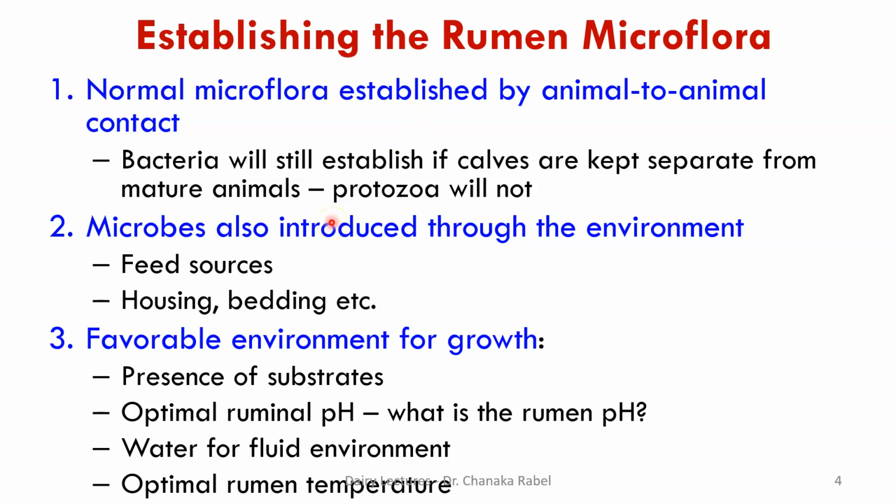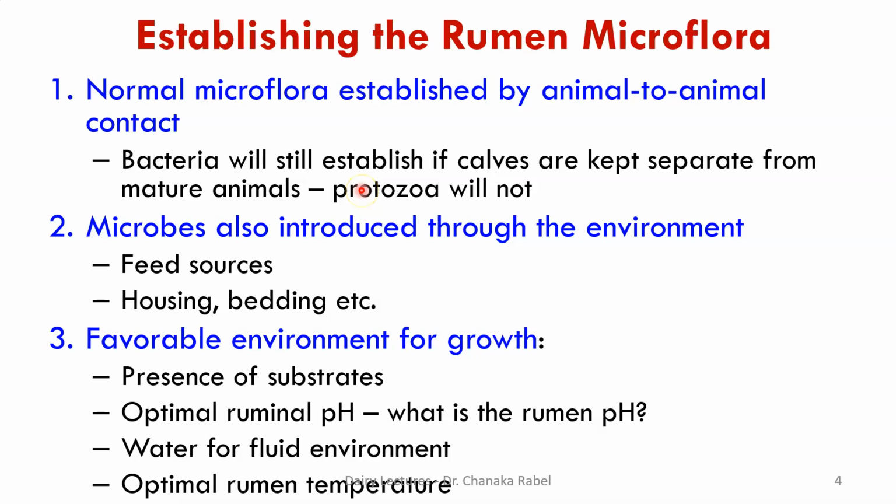But what's important here is that animal to animal contact is important. Now bacteria will get into the system from the forages, housing, utensils, and all that. But for protozoa, you generally need animal to animal contact.